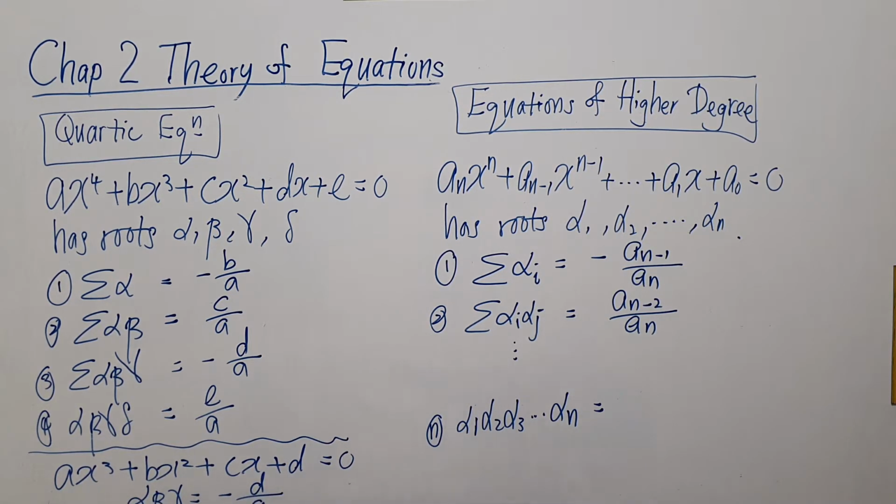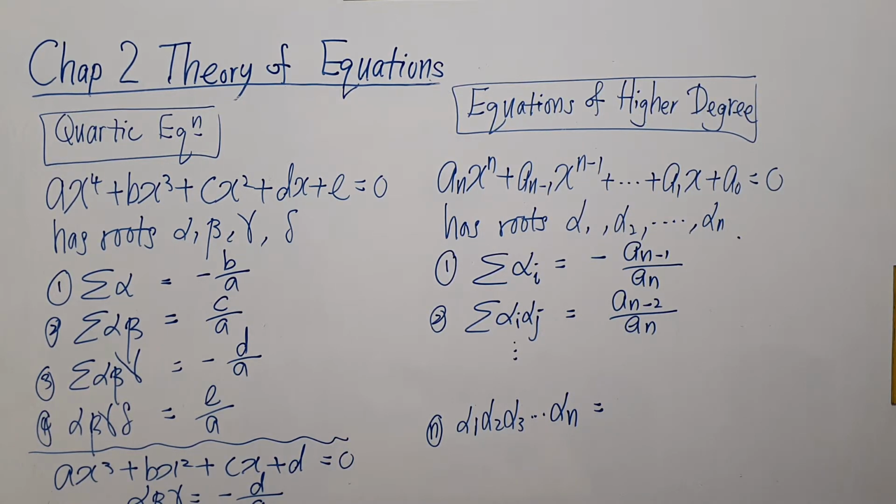I want you to realize that when it's degree 3, odd power, the product of all the roots is negative. But when it's degree 4, which is even, the product of all the roots is positive. And remember for degree 2, if you multiply all the roots, it's also positive, the last coefficient over the first.